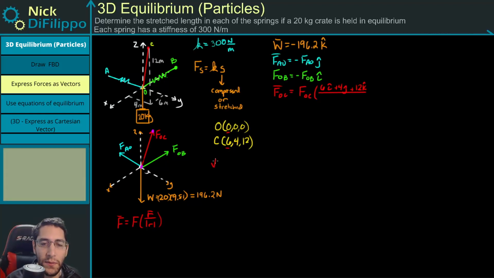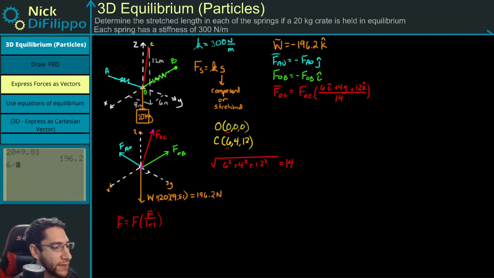Well, this is going to be the square root of 6 squared plus 4 squared plus 12 squared, 36 plus 16 plus 144, 196. So this is going to be equal to 14, so this is going to be divided by 14. And let's figure out what this is: 6 divided by 14, 4 divided by 14, and 12 divided by 14.